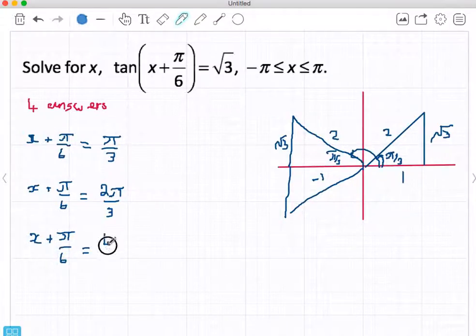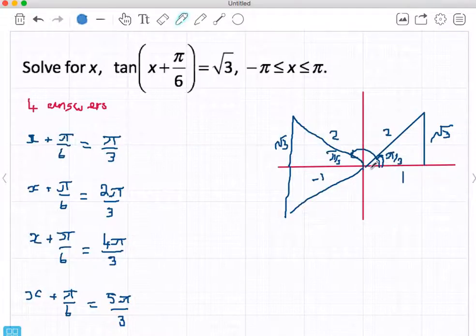So that's in the third quadrant. Sorry, 4 pi over 3. And there's one in the fourth quadrant with the negative answer, which is x plus pi over 6 is equal to 5 pi over 3. And actually, I'm not going to use this one, and I'll explain why in a minute.